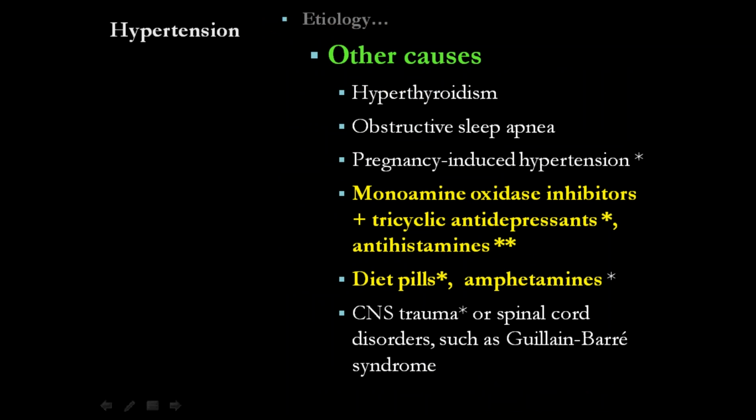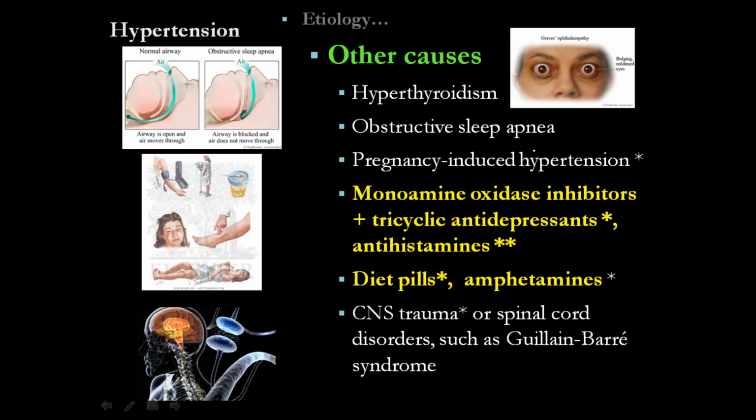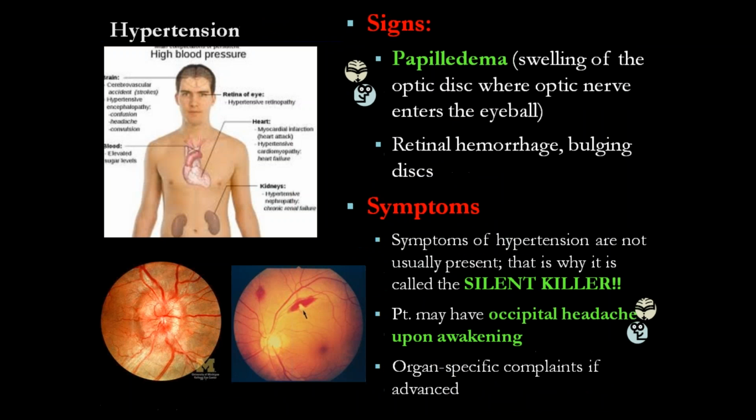Here in hypertension, what you need to remember is the main sign. This is a silent killer. But the first sign, or if they are very likely to have it, is a headache, mostly in the occipital area.